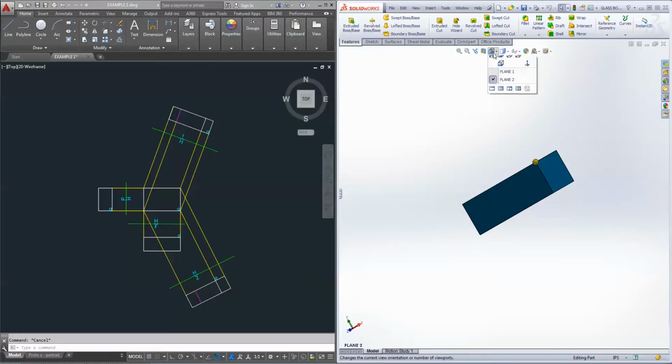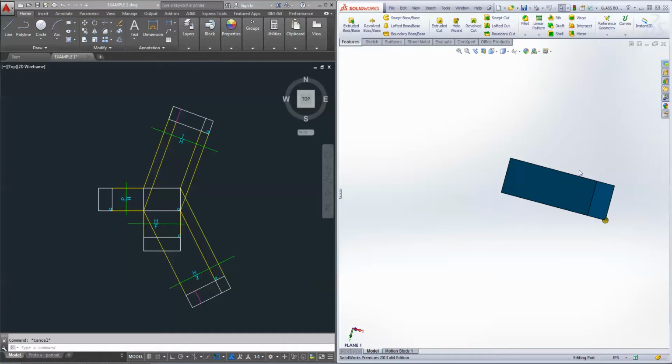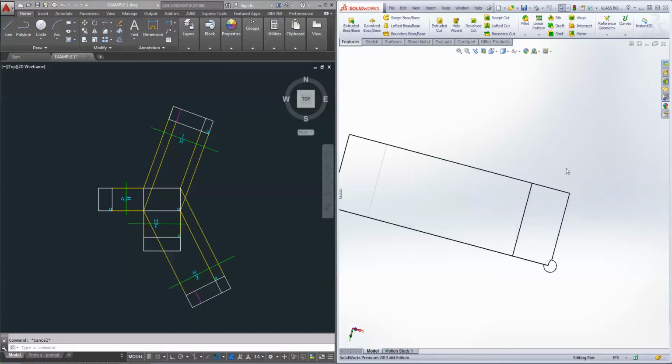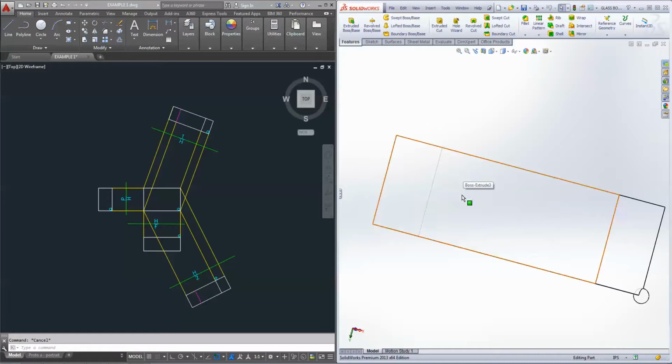Now, let's take a look at view number 1 and turn on hidden lines. Let's recenter that so we can get a really good look at it. You'll notice that point A right here is exactly where SolidWorks predicted it would be. And you can see a hidden line right here.